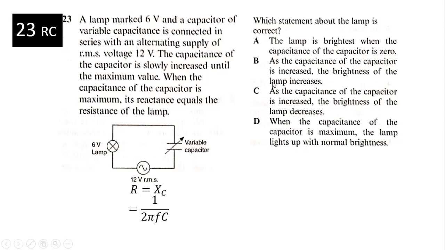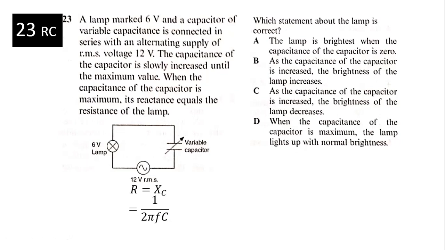As the capacitance of the capacitor is increased, the brightness of the lamp increases. Is that right? Right or wrong? Using this formula, your C increases, F is constant. What happened to your XC?